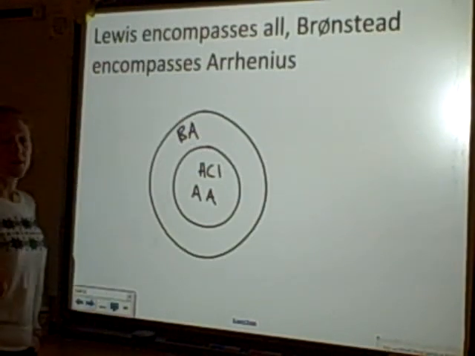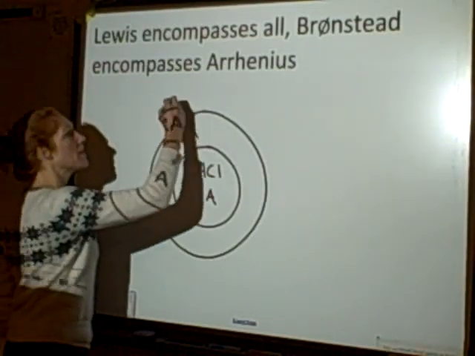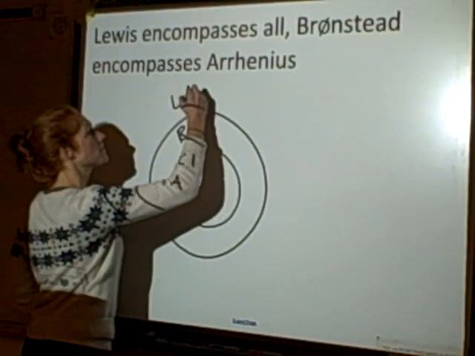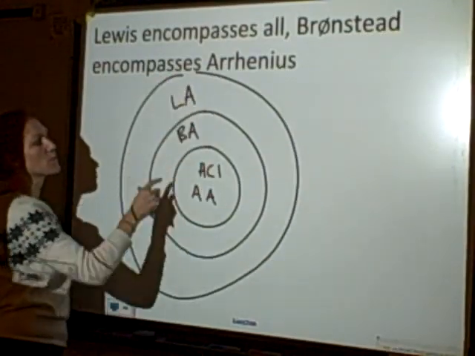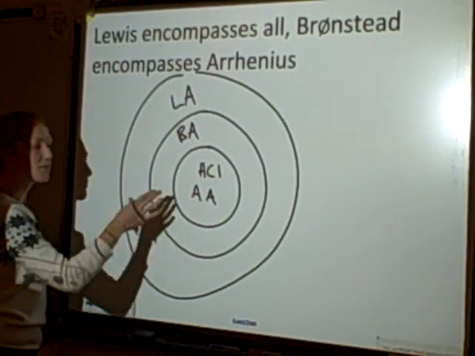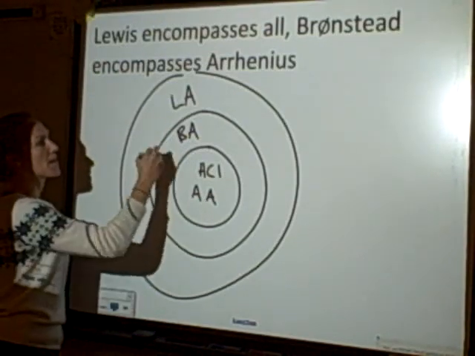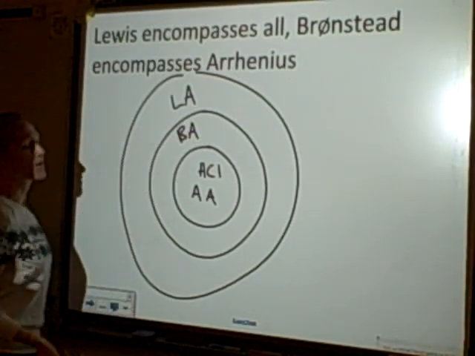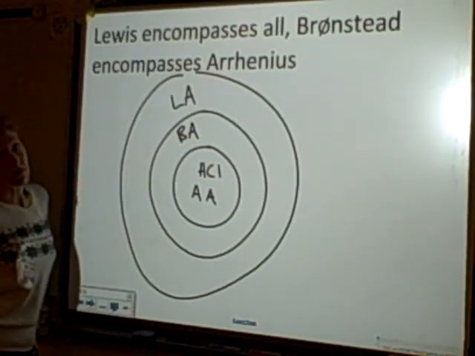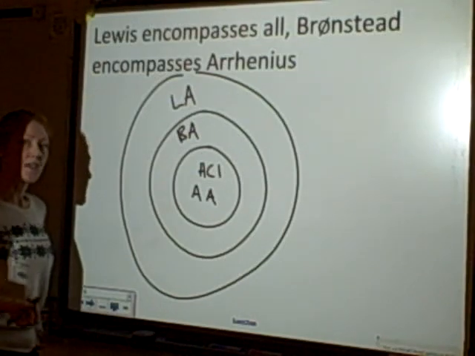So if there's an H+ that's moving from one thing to another, that's also a Lewis acid. So any Arrhenius acid is also a Bronsted acid and a Lewis acid. But if you have a Lewis acid, it's not necessarily a Bronsted or an Arrhenius, and that's because we just have to have the electron pair.